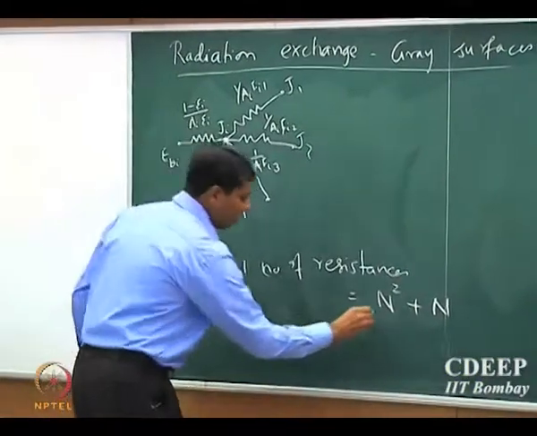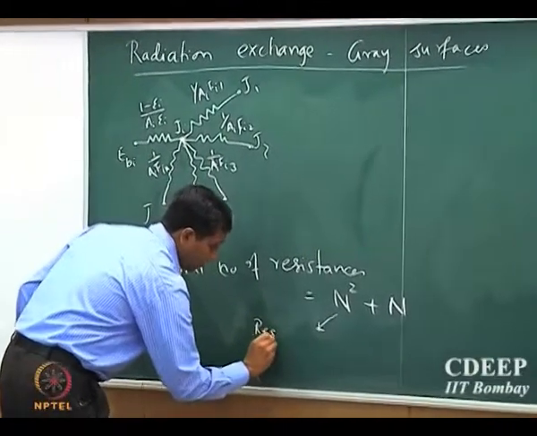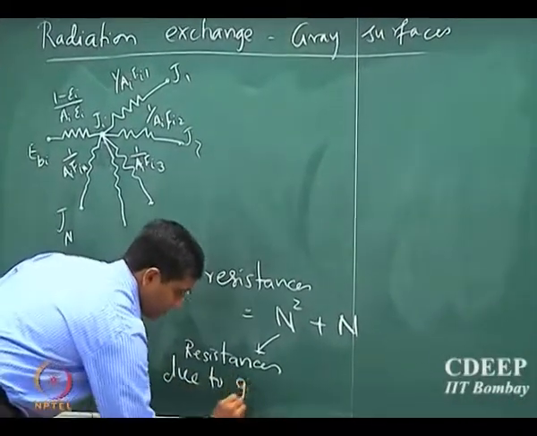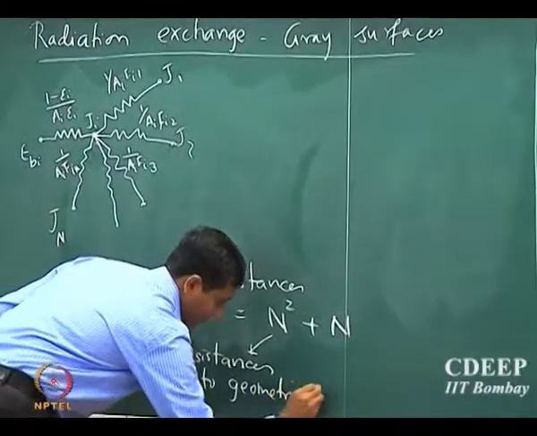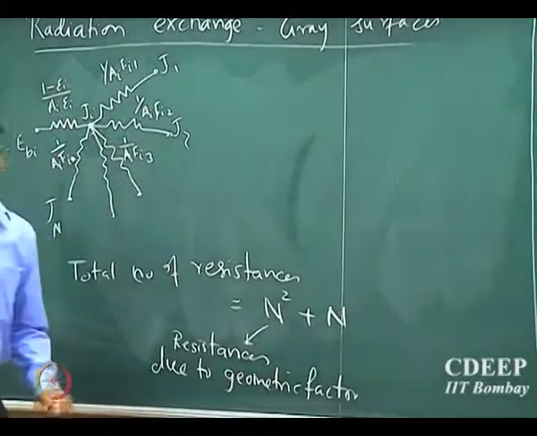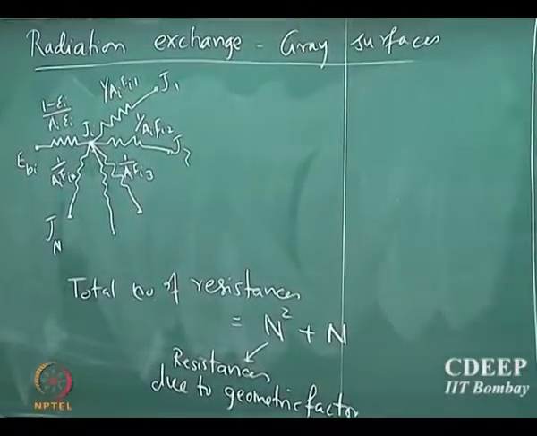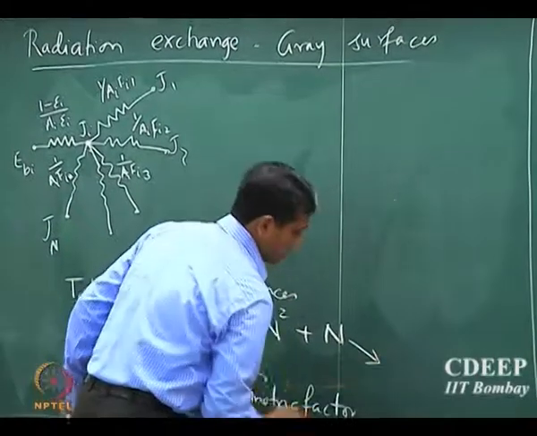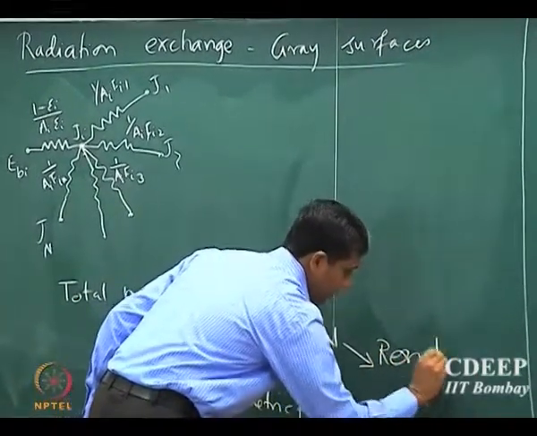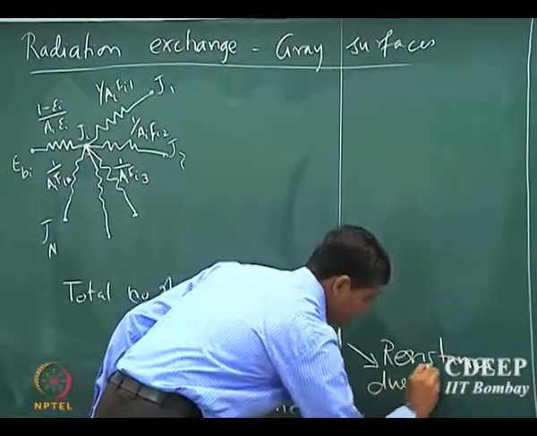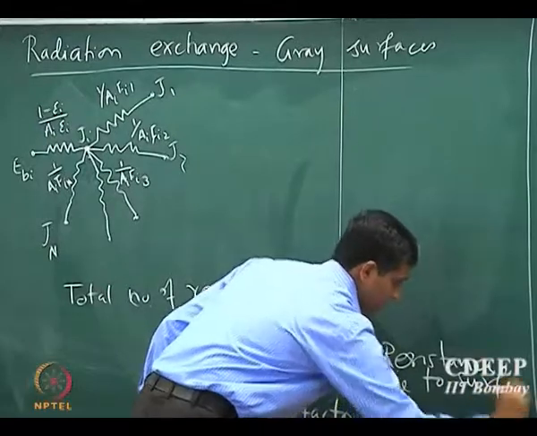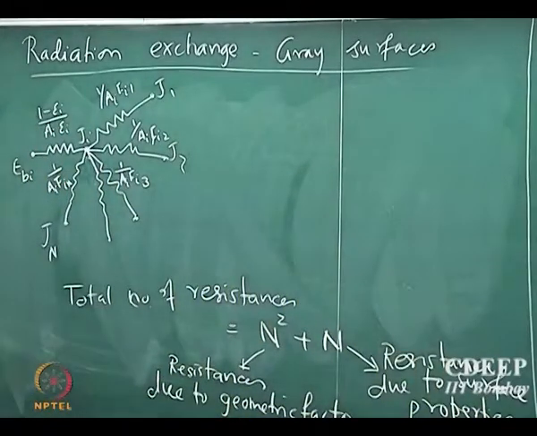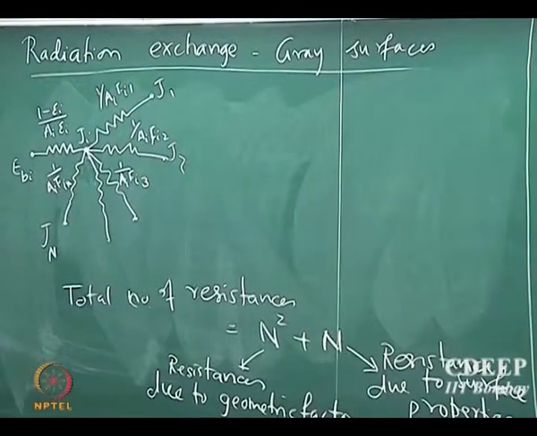The n square resistances are due to geometric positions or the geometric factor, and obviously they are symmetric, and the n resistances are due to surface properties.